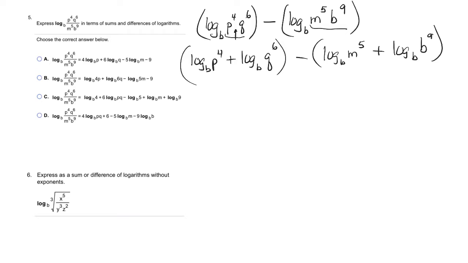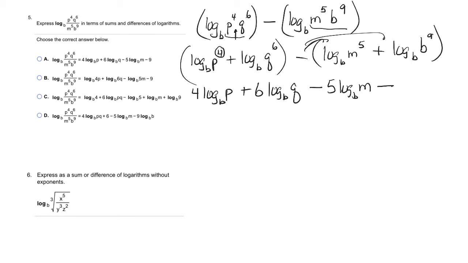ninth. Now, you'll probably see now why I put those brackets in, because this negative sign has to apply to both of those. So let me rewrite it, and what I'm going to do is I'll apply this negative sign to both, and I'll also use the power rule to bring the exponents out to the front. So this would be 4 log base b of p plus 6 log base b of q, okay, minus 5 log base b of m, minus 9 log base b of b.